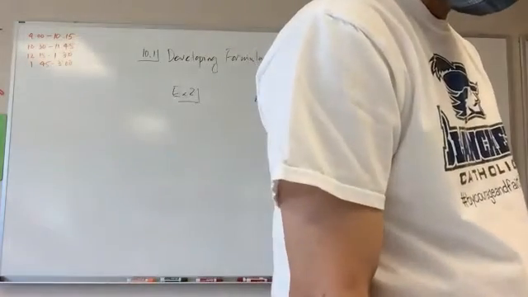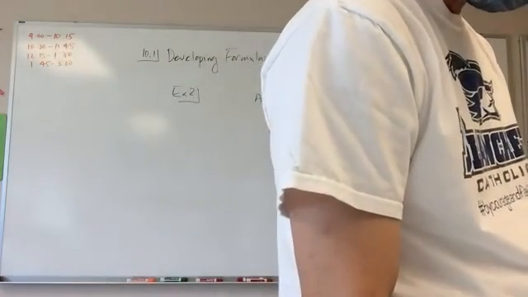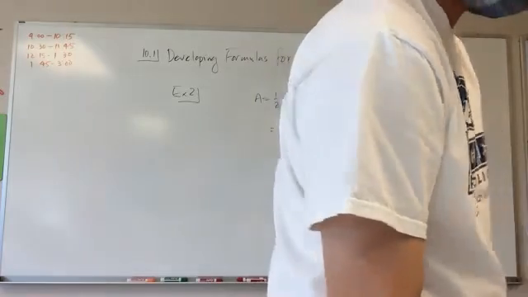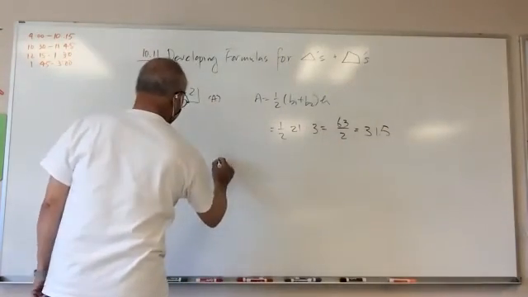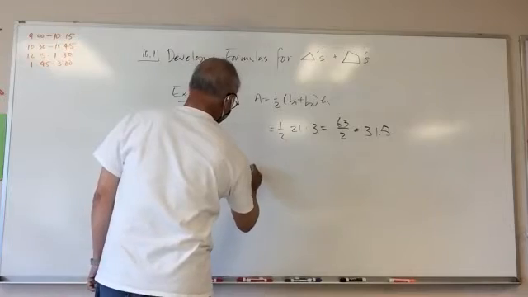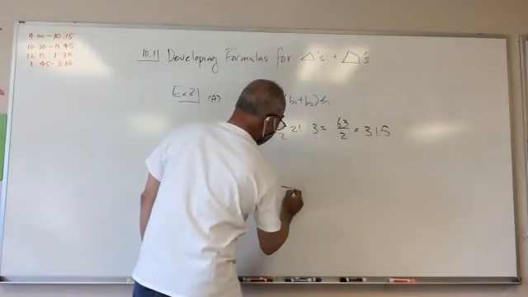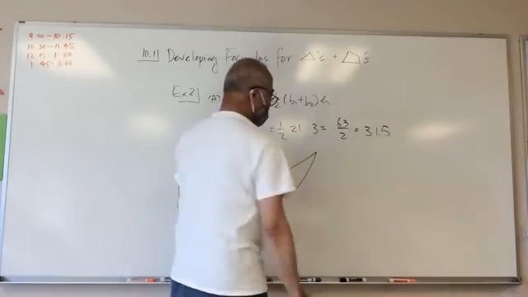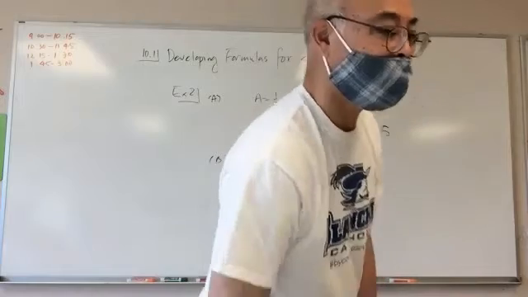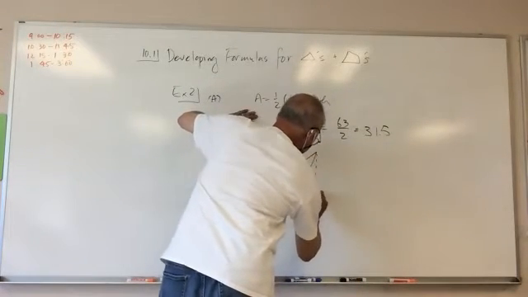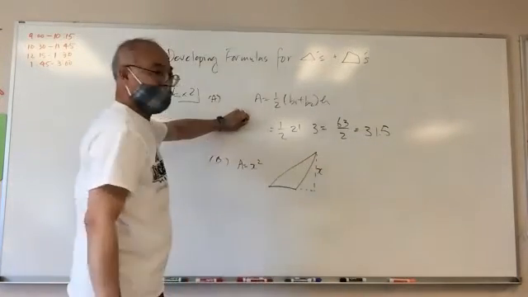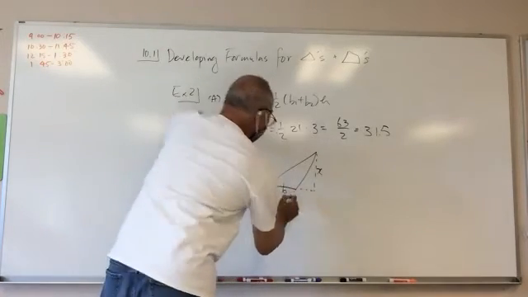Find B, the base of a triangle in which A is equal to x squared. So the area is equal to x squared, and you have a triangle. It looks like this, where the height here is x. And I have B here.